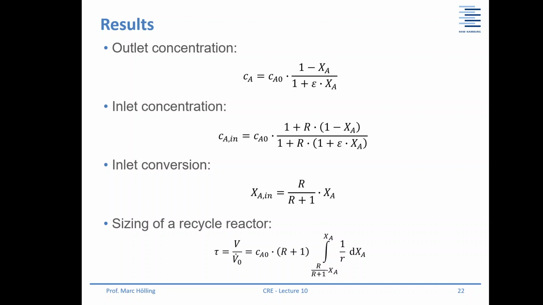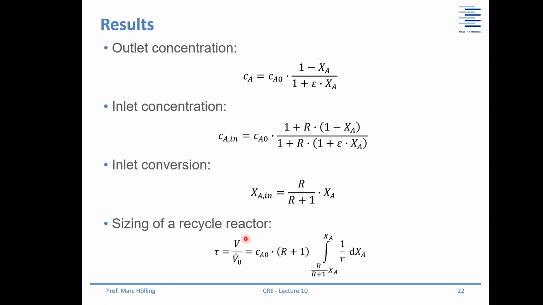Here I summarized some findings that we have now for the recycle reactor. The outlet concentration, this you already know from the plug flow reactor, or for any case where you have changing density. Your inlet concentration can be calculated like this. Your inlet conversion is just your outlet conversion times R over R plus 1.